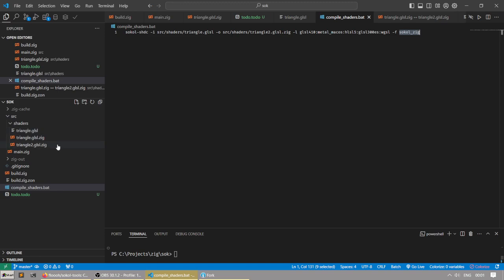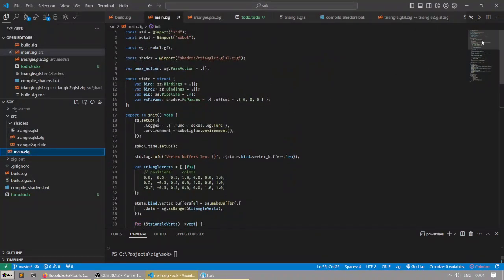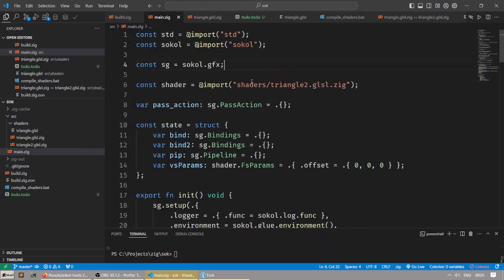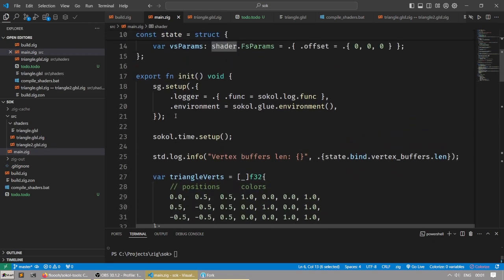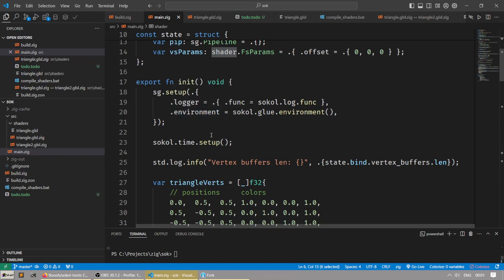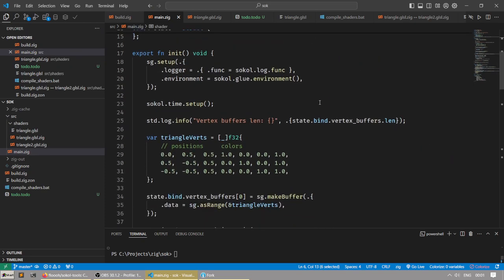And then what you do is inside your main, inside your game, you're basically just importing this shader. And this is kind of a cool bit of this shader compiler, because what it does is that it takes all the uniforms, it takes all the attributes as well, and it turns them into code, so you can actually fetch them and have static asserts and everything.